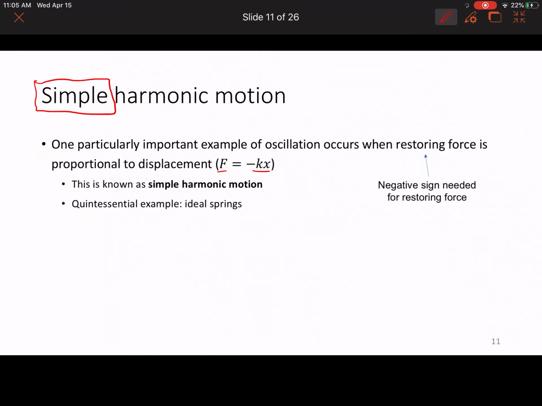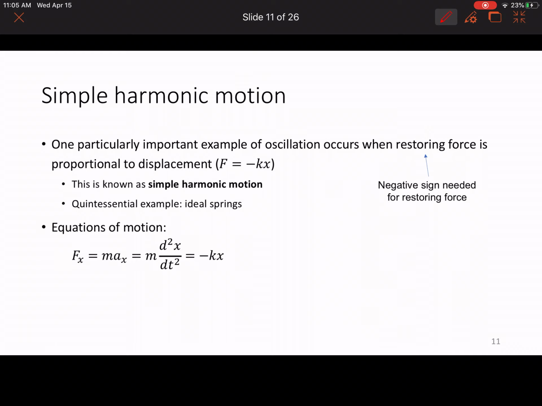All right, so let's work through the math on what happens when I have a spring, when I have force proportional to k times x happening on my object. So first off, the equations of motion are very simple. If the only force is negative k times x, then my force is equal to mass times acceleration, which is equal to negative k times x.